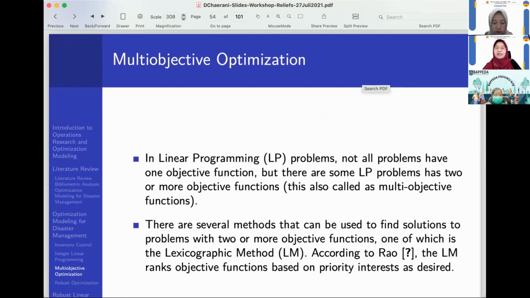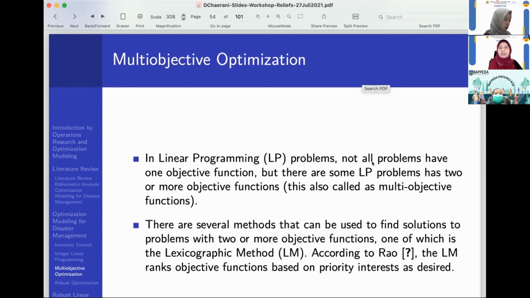Yang paling sederhana disebut leksikografik. Di metode leksikografik ini kita mempunyai beberapa objektif, dan objektif tersebut harus kita rank, kita urutkan prioritasnya sesuai kepentingannya. Misalnya ketika terjadi disaster, tiba-tiba terjadi gempa, pertanyaannya adalah menarik para korban ataukah segera mengirimkan bantuan.